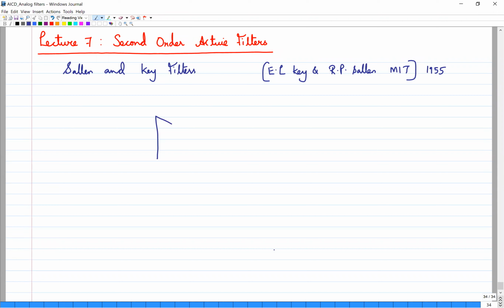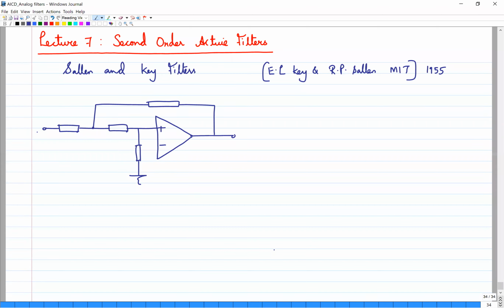Since it is an active filter, it comprises an op amp with plus and minus inputs, and it uses impedances in this form, with another impedance over here. This is our input V in.